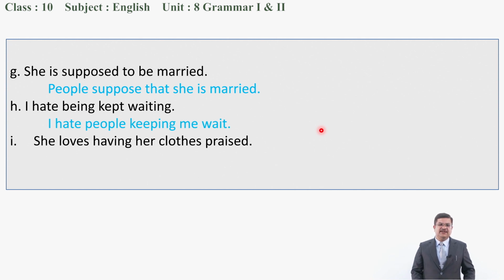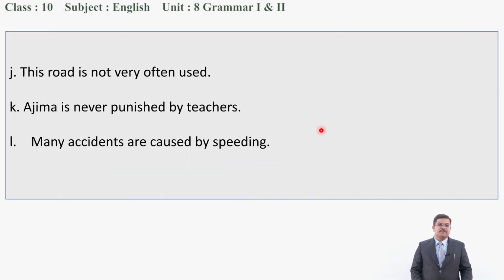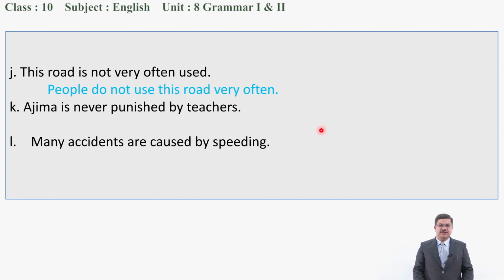She loves having her clothes praised. She loves people praising her clothes. Dear students, you may change the other sentences from passive into active and write the correct answers. This road is not very often used. People do not use this road very often.